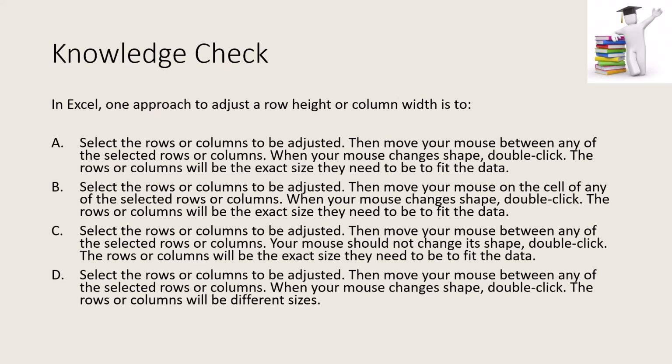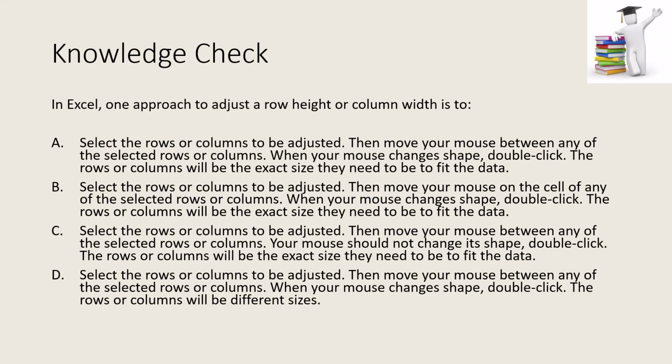In Excel, one approach to adjust a row height or column width is to A. Select the rows or columns to be adjusted. Then move your mouse between any of the selected rows or columns. When your mouse changes shape, double-click.